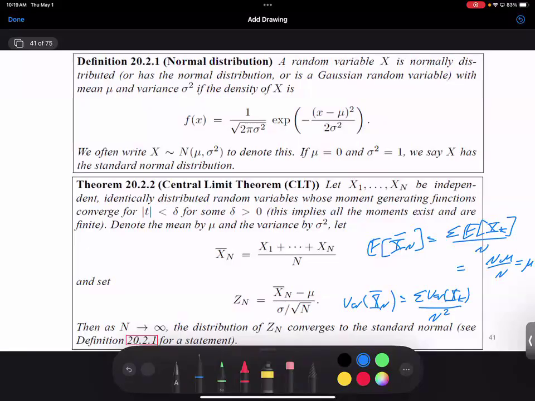Because remember, if you multiply a number by 5, the variance changes by 5 squared. And that way the standard deviation only changes by a factor of 5. So we have n copies in the numerator, so we'll get n sigma squared over n. So we get the variance is sigma squared over n. And that's why we divide by sigma divided by the square root of n. So now Zn is going to have mean 0 and variance 1.